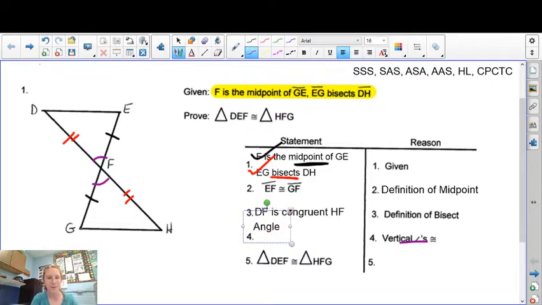So I've said angle DFE is congruent to angle, well, D to F was two reds, so H to F and then back to G. And then look, what information do I have? I have a side, an angle in the middle, and another side. So this was by side-angle-side.